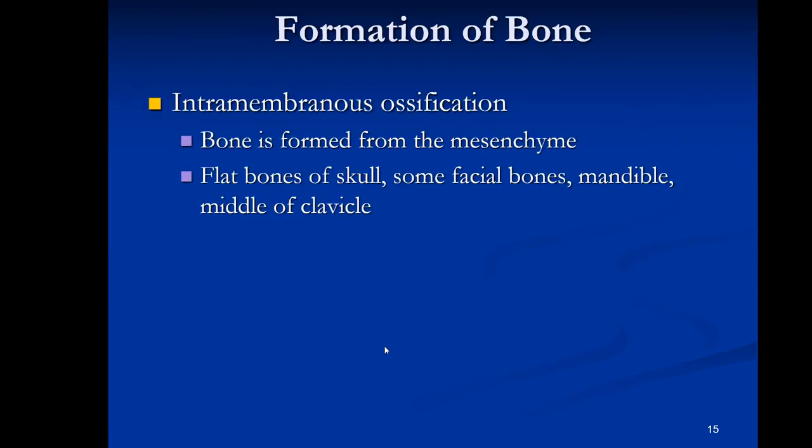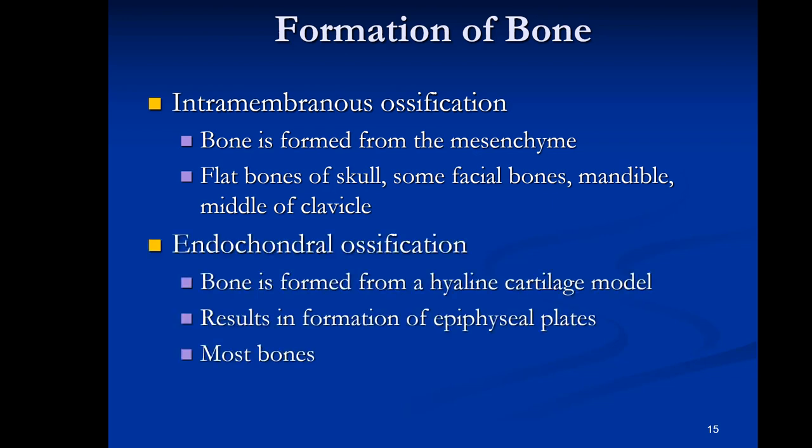All right, so a little bit about bone formation. There are two strategies by which bones are formed. Most of them are formed via what's called endochondral ossification. We'll spend more time talking about that. But there is also a strategy called intramembranous ossification, where bone is just formed from the embryonic connective tissue called mesenchyme.